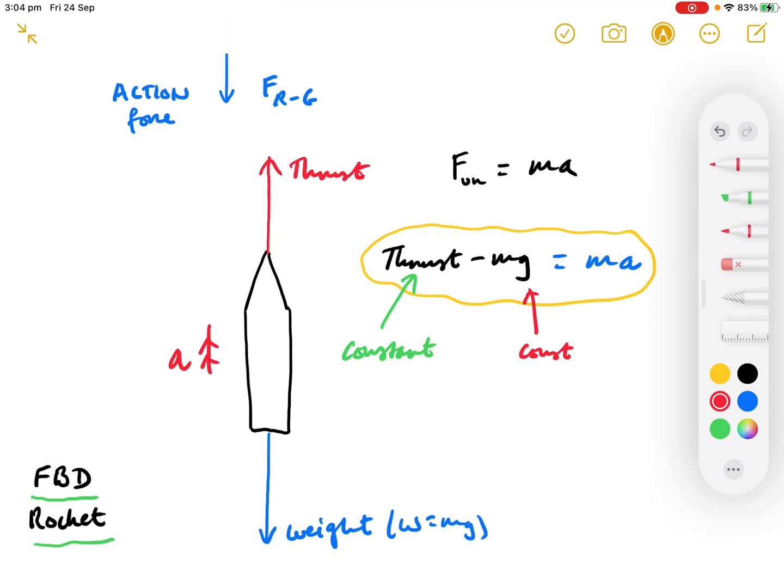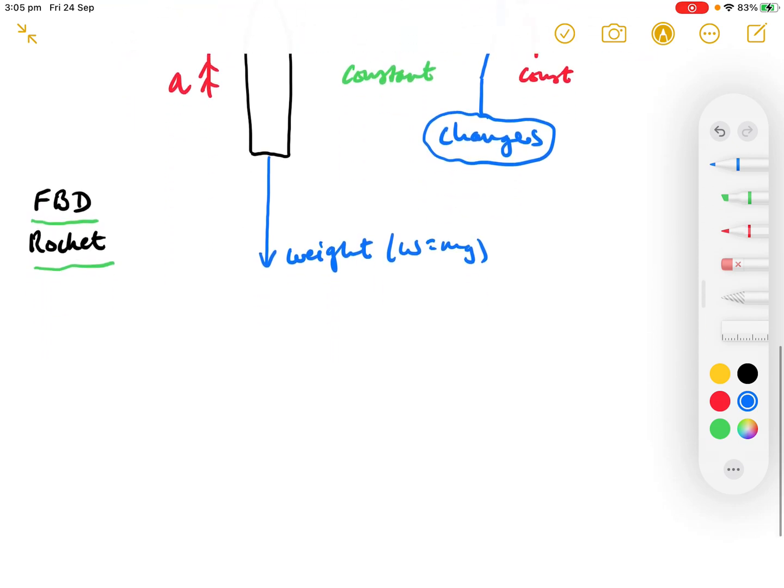And the acceleration will depend, therefore, on the difference between these two forces. Now the one that we're interested in now then is the mass m of the rocket, because it is going to change during the motion because fuel is used up.